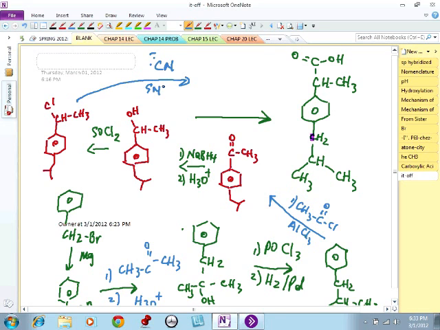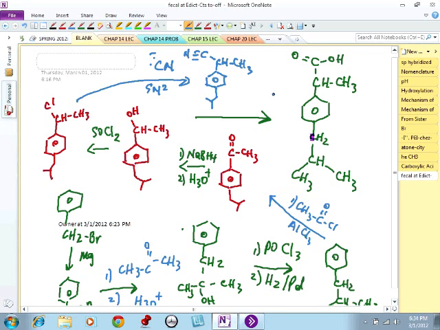Okay, they do an SN2 reaction on that to get this here, and the cyano group.